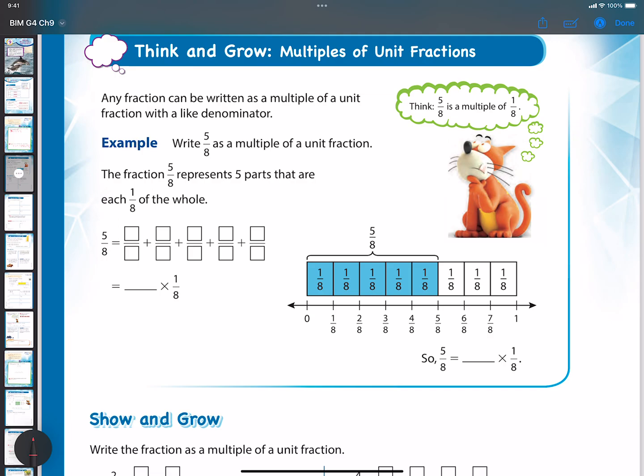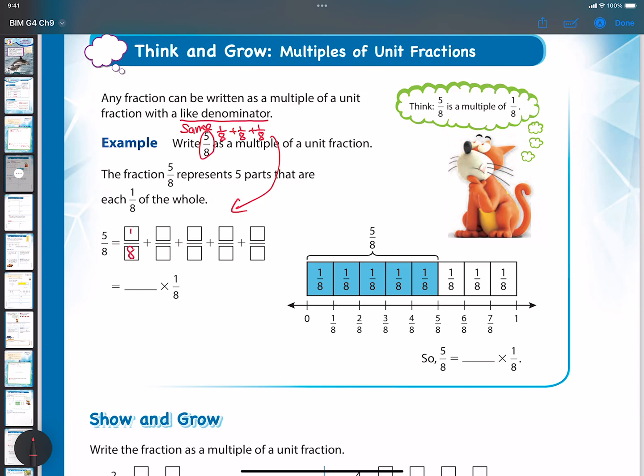Any fraction can be written as a multiple of a unit fraction with a like denominator. Like denominator means same denominator. The denominators have the same number. Example: write 5/8 as a multiple of a unit fraction. How many 1/8s are there? 5 times, right? The fraction 5/8 represents 5 parts that are each 1/8 of the whole.